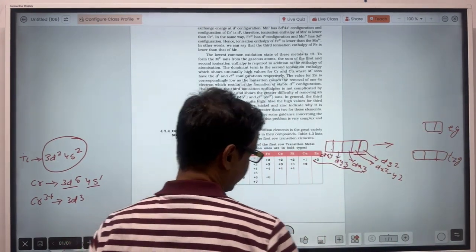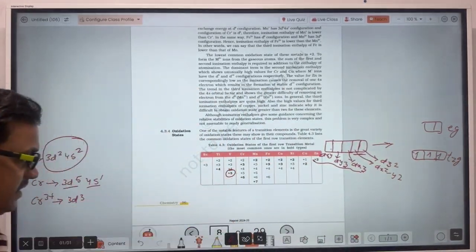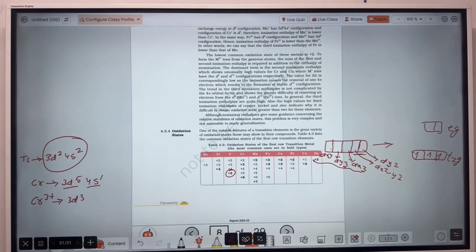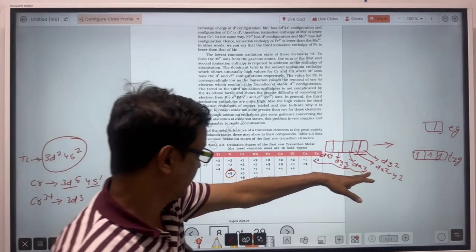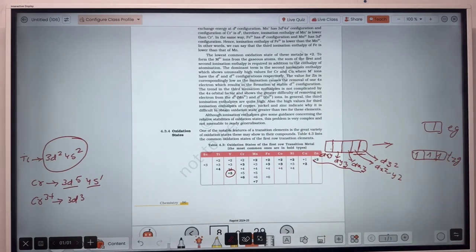Now the T2g energy level here is half filled. In the case of chromium in +3 oxidation state, the T2g energy level is half filled, which provides stability to chromium.